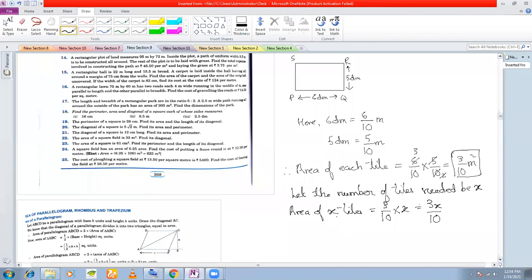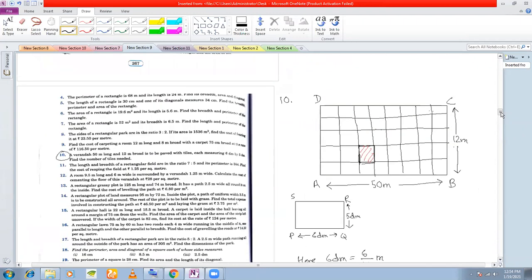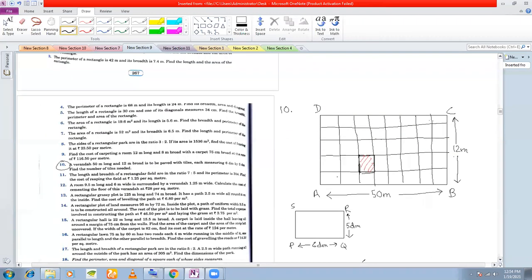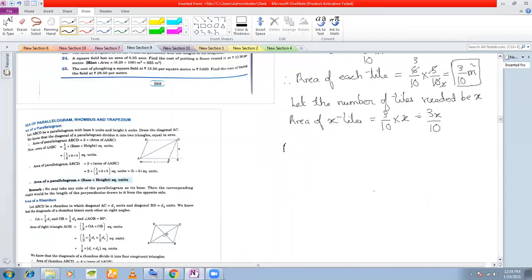This is the area of the total number of tiles that are needed. And what is the area that you will require? You are required to tile this entire veranda. What is the area of this veranda? It is this length, 50, into this breadth, 12, which is equal to 600 meter square.